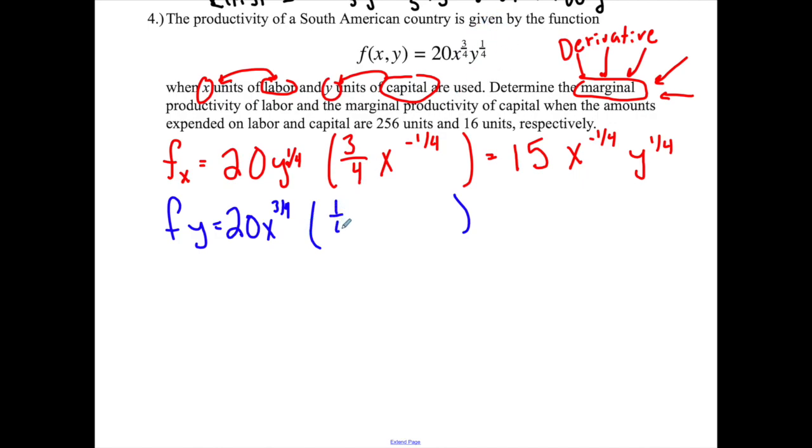So 1/4 times y to the negative 3/4. The 20 and the 1/4 will multiply to get 5. And then I'll have x to the 3/4, y to the negative 3/4.